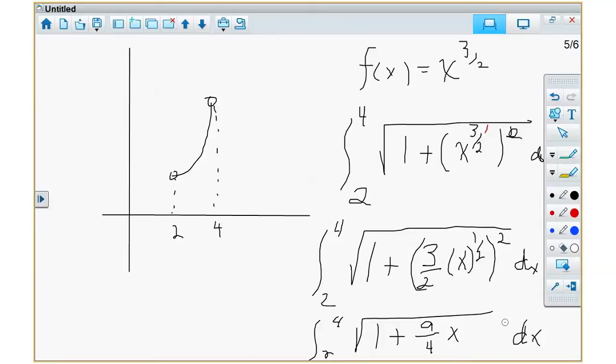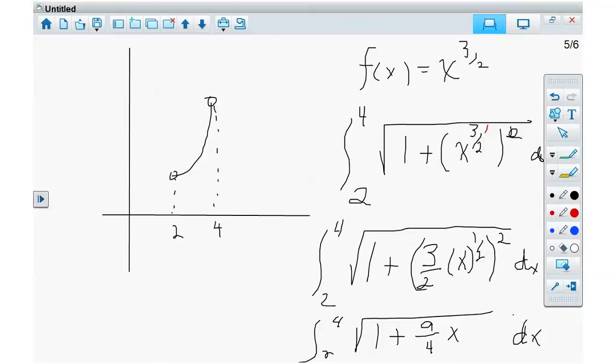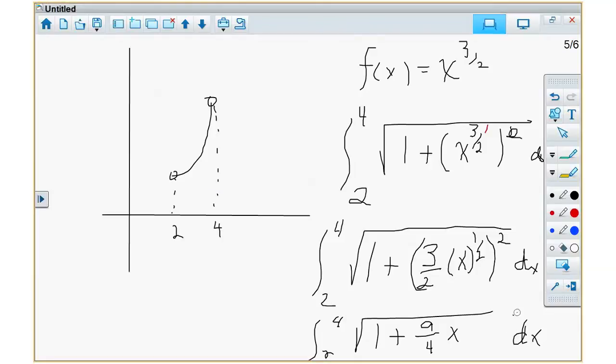dx. So we got a 9/4 here. I'll do it in blue. Need a 9/4 here and a 4/9 here, right? Now we've got u to the 1/2.